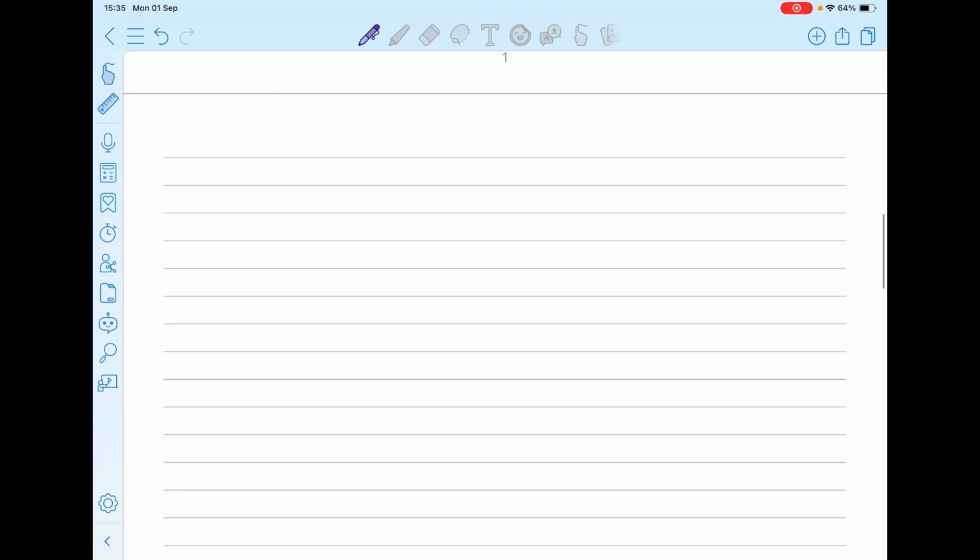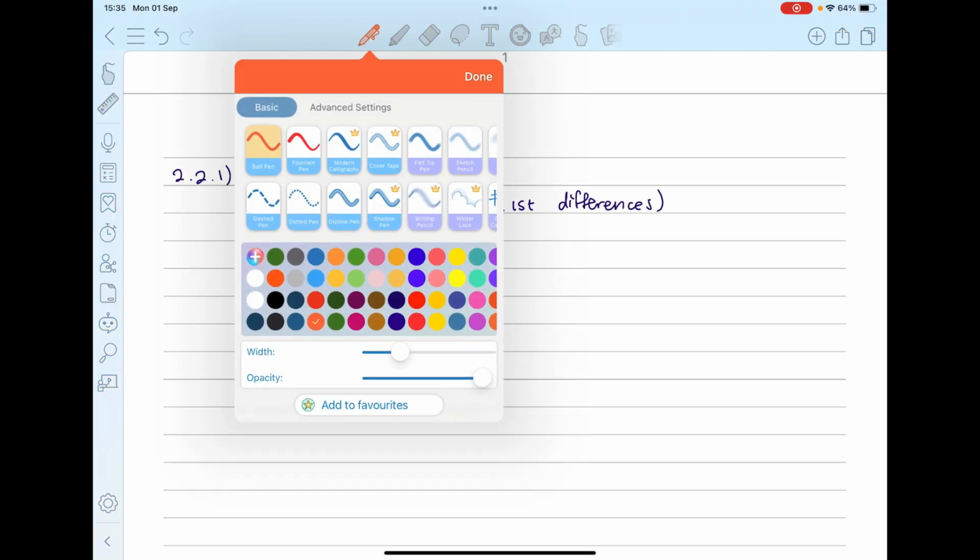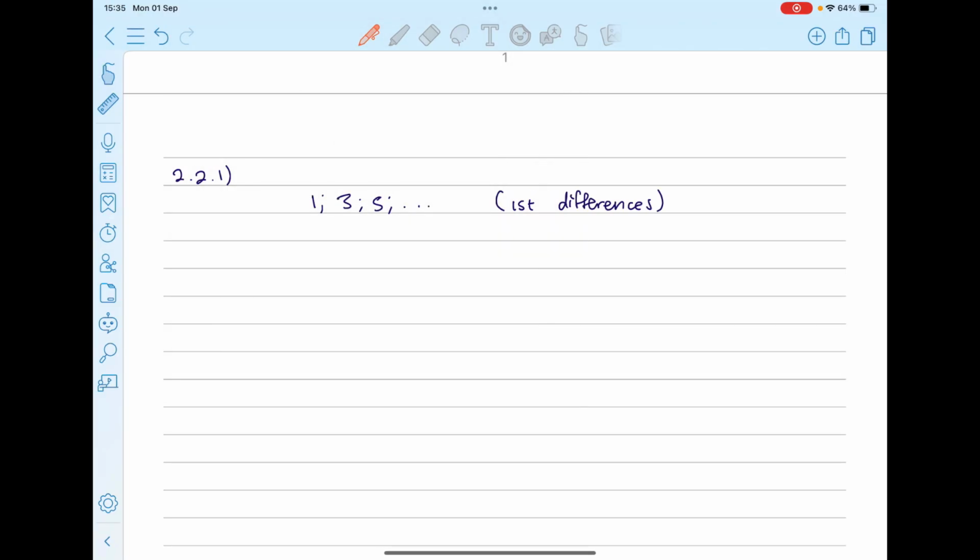So let's begin with question 2.2.1. So we have 1, 3, 5, and it continues. These are our first differences. So because we are going to be dealing with the terms in the quadratic sequence and the terms in the first difference sequence, let's rather call these A1 to represent the arithmetic series.